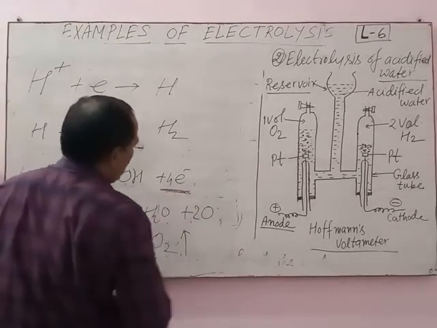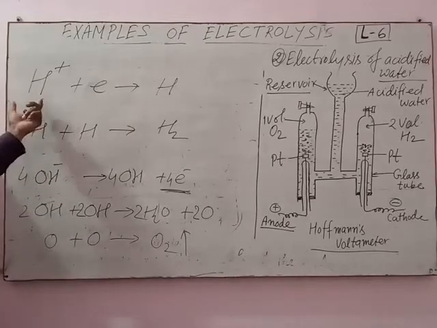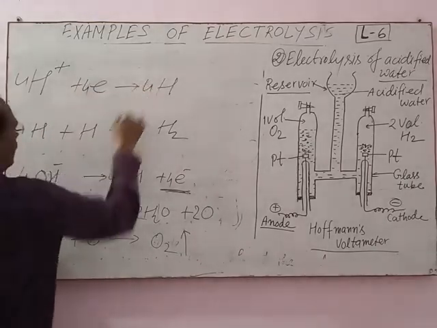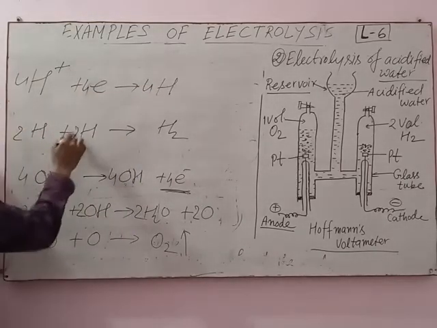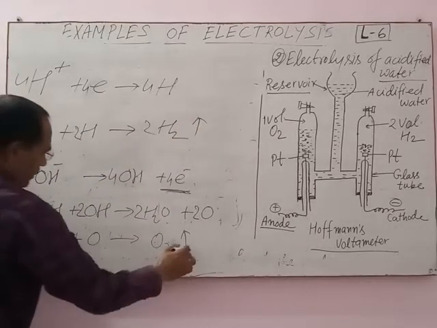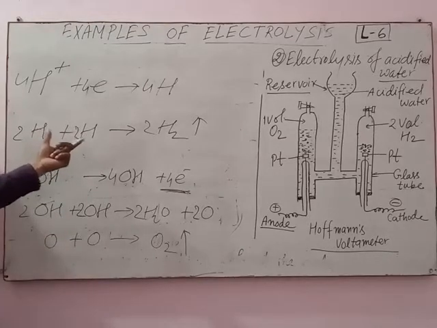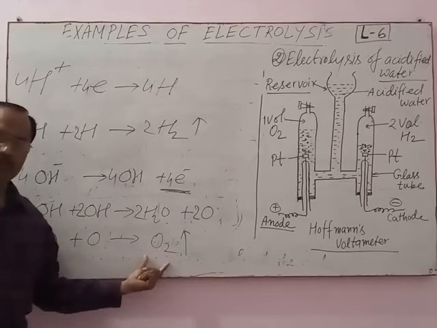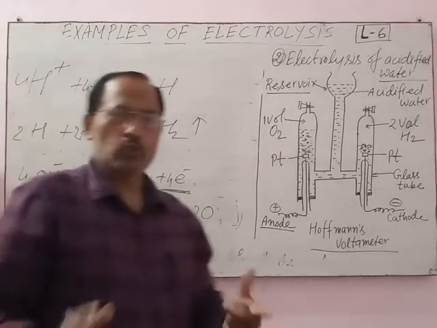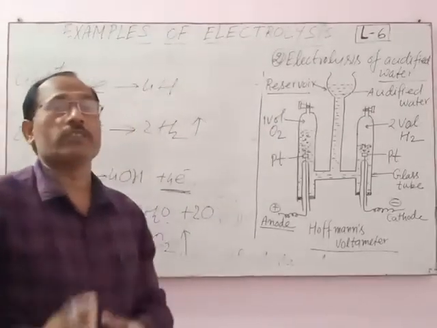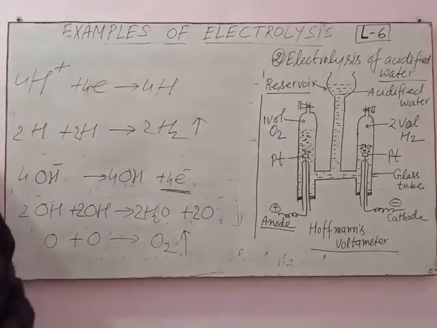These 4 electrons are taken up by 4 H ions. So we take 4 H ion, 4 electrons and 4 H. 2 H means total 4 H gives 2 H2. This is the product formation that takes place at the cathode and at the anode. Hydrogen gas evolves at the cathode and oxygen at the anode.